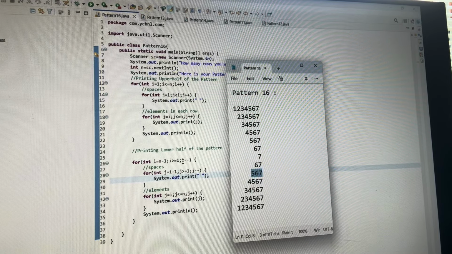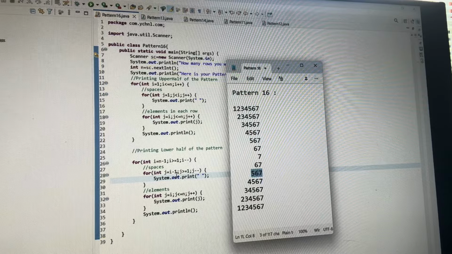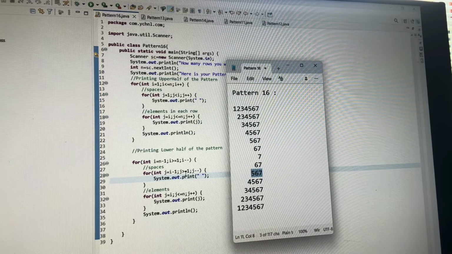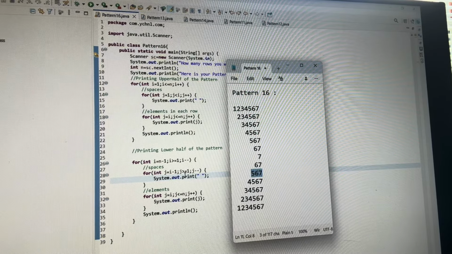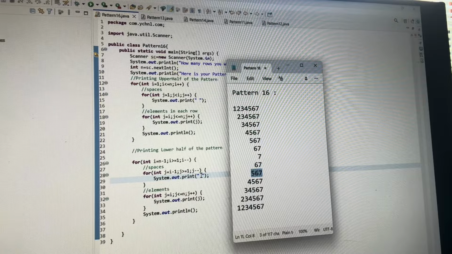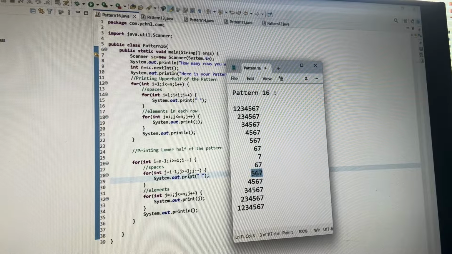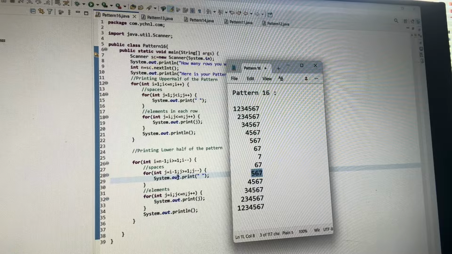Now I value will become 5. Whenever I value is 5, j is equal to 5 minus 1, 4. So 4 greater than or equal to 1, 3 greater than or equal to 1, 2 greater than or equal to 1, 1 greater than or equal to 1. So up to how many times will it print spaces? 4 times, right? Like that.